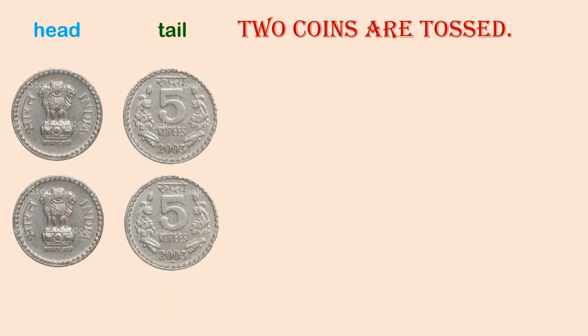The first one is taken as the first coin and the second one as the second coin, which we toss together. Let us see with a tree how many outcomes will come. I have taken head or tail of the first coin, then the second coin's head and tail will come here. See here, for the second coin, either it can have head or tail with the head of the first coin, or head or tail with the tail of the first coin.